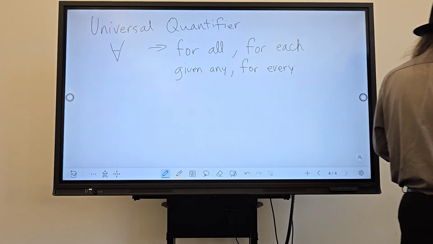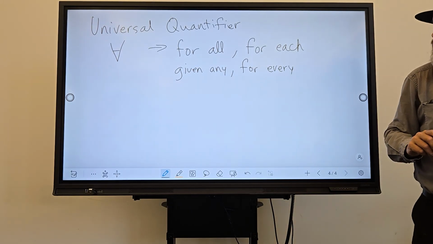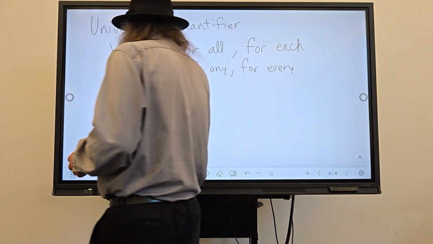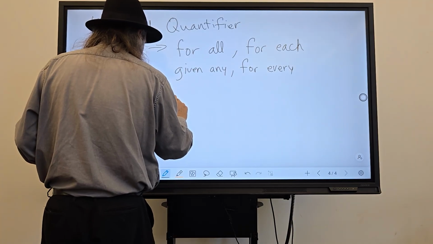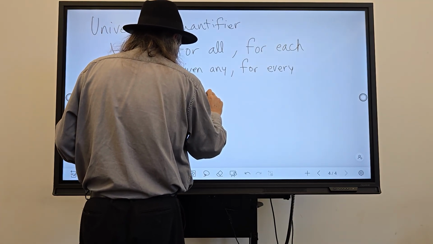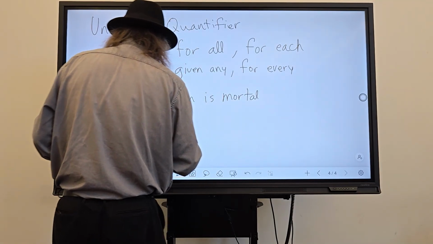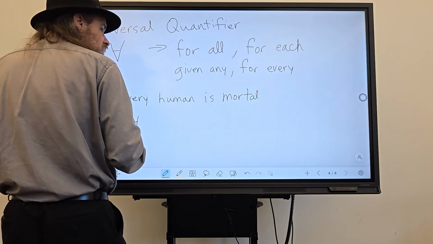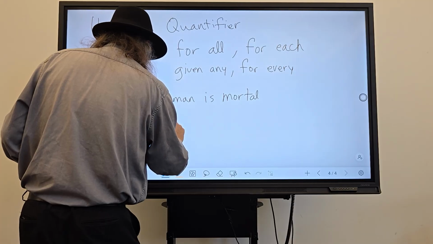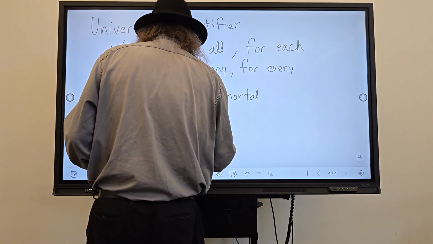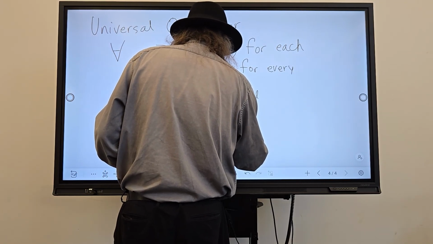Okay. So the sentence, every human being is mortal, can be expressed: for all x element of humans, x is mortal.